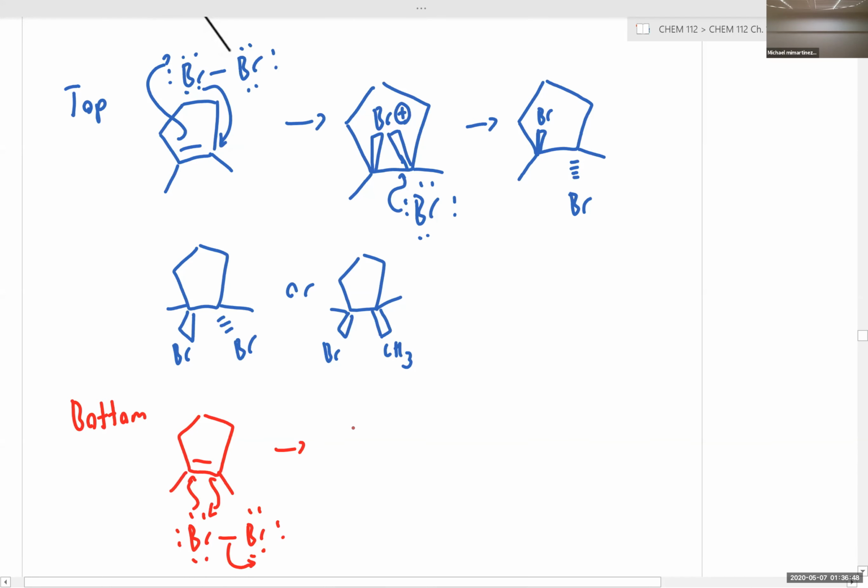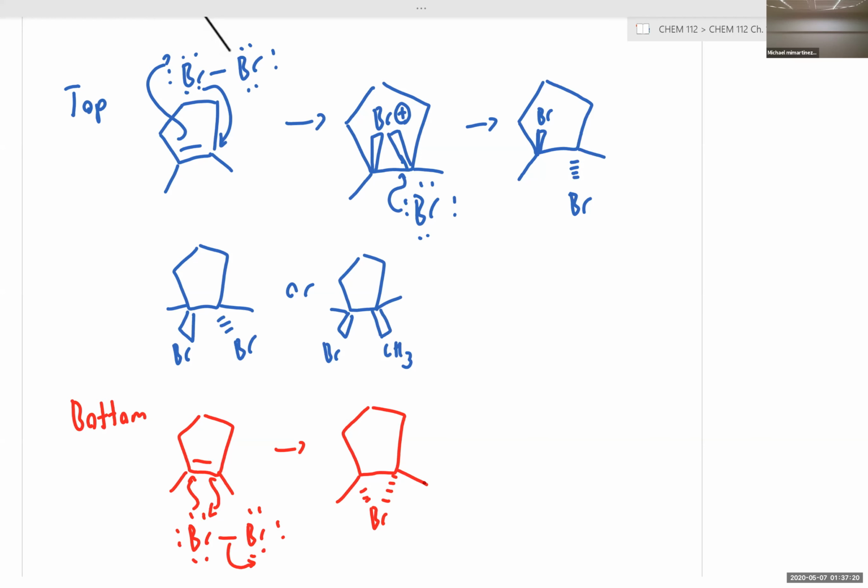Okay, that generates the following bromonium intermediate. For those curious as to why I didn't draw the regioisomer, that's mildly redundant, as this molecule is symmetrical.